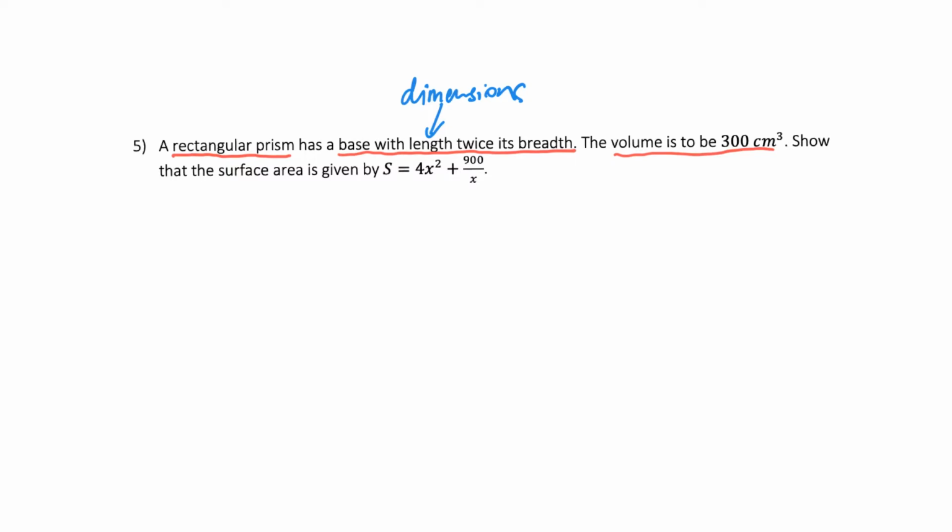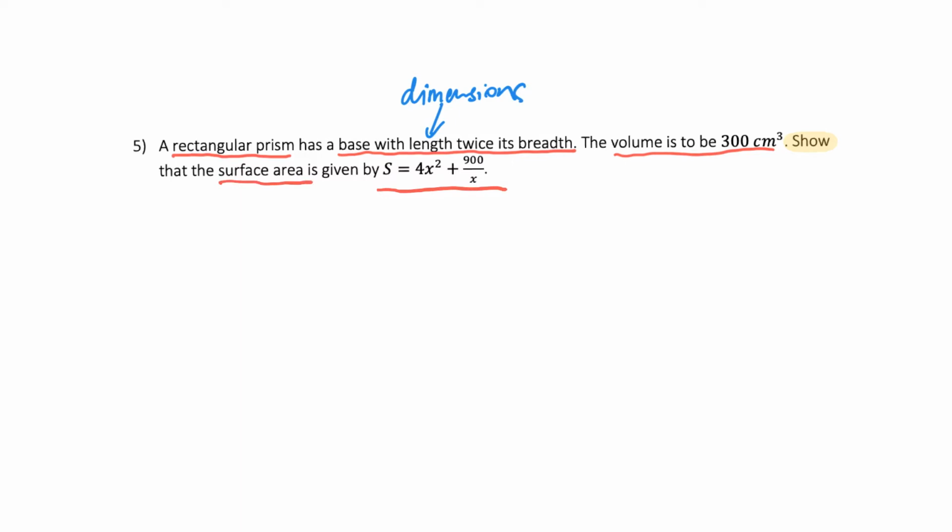So it's asking us to show, that being the key verb, so we're going to have to basically do an algebraic style technique to show that the surface area is given by this formula, 4x squared plus 900 over x.